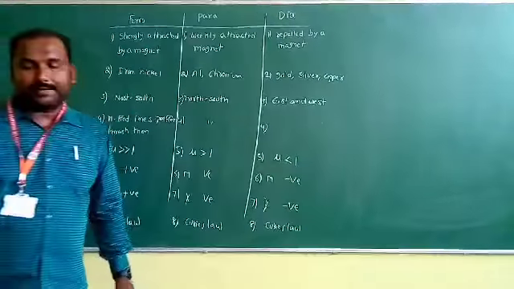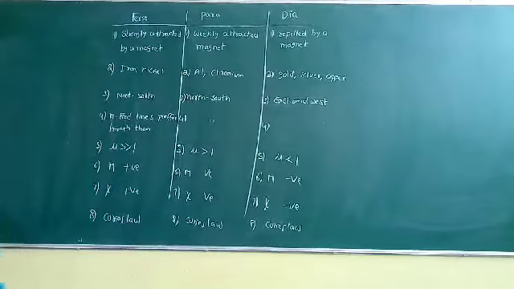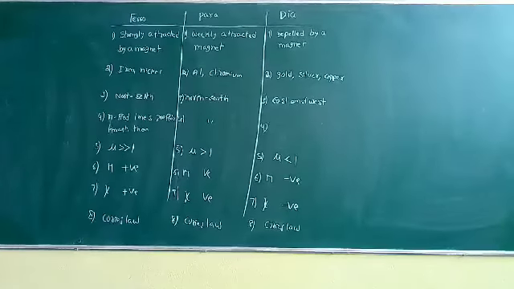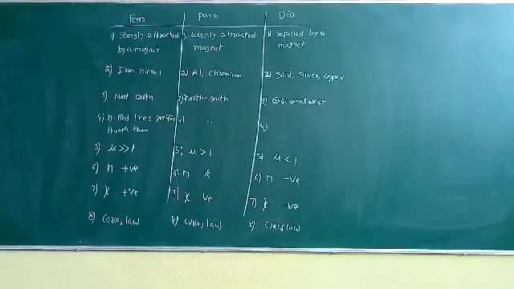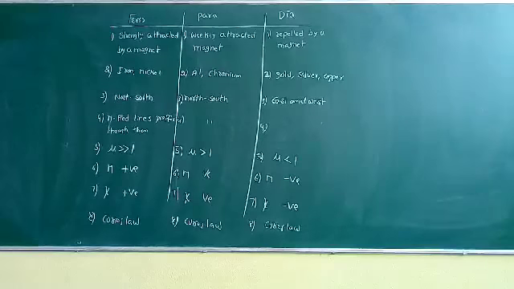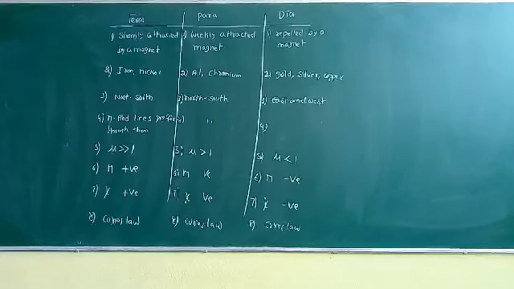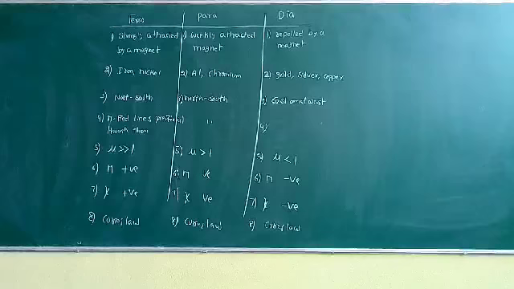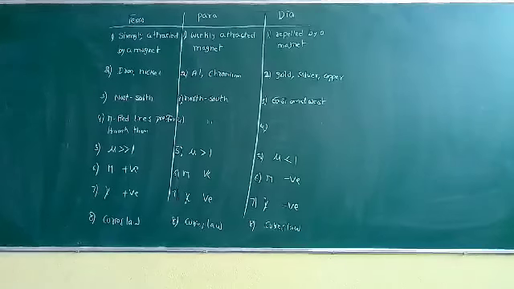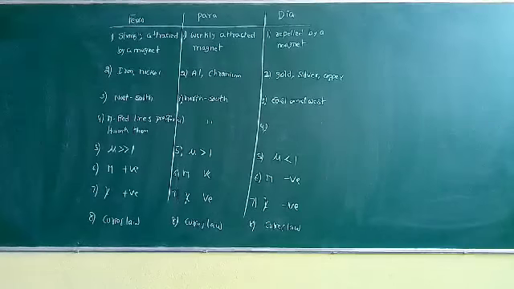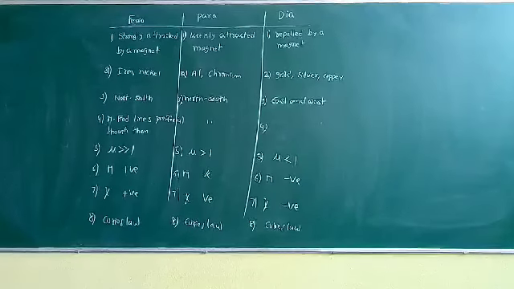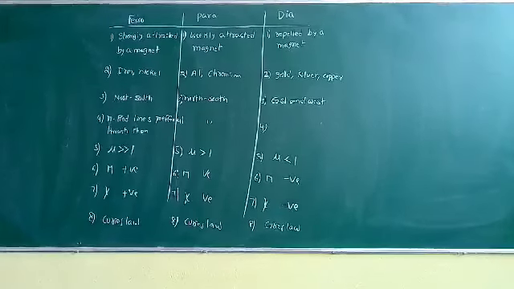Now, once again, all of you see the diagram. You see all these points one by one. Ferromagnetic substance, paramagnetic substance, and diamagnetic substance. The substance which is strongly attracted by a magnet is called ferromagnetic substance.